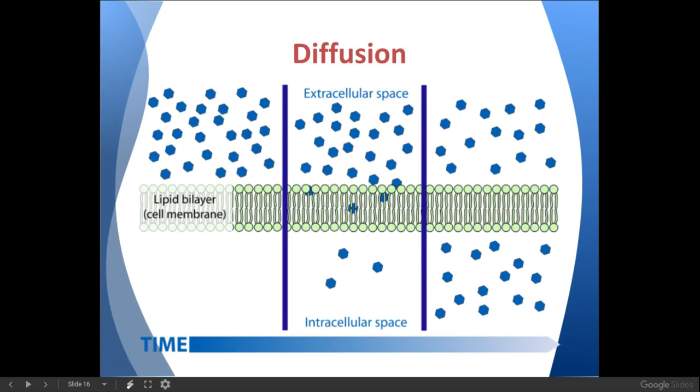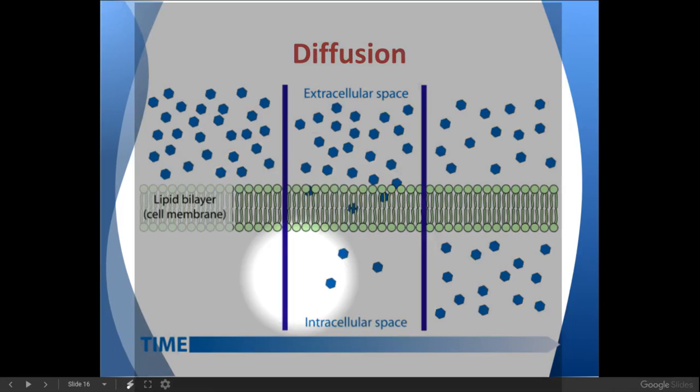When we look at this picture here, we can see that this is a good example of diffusion. Diffusion, by definition, is molecules moving from a high concentration to a low concentration with no energy being expended to make this happen.